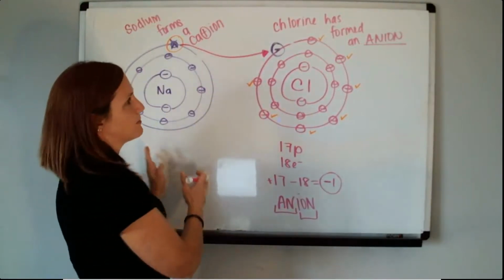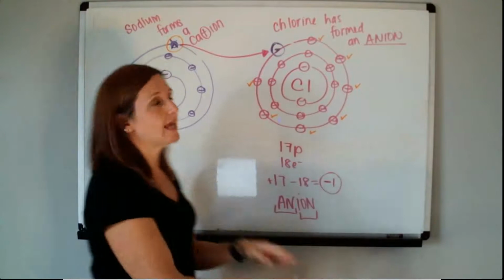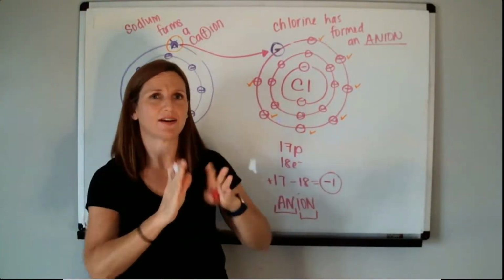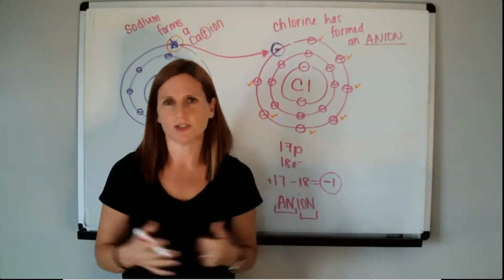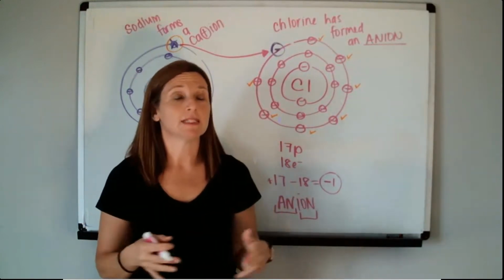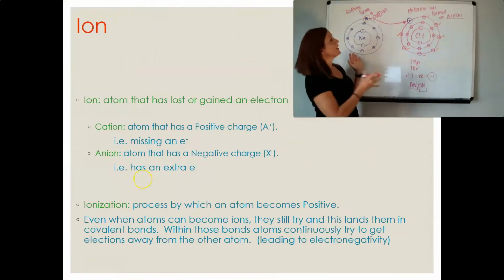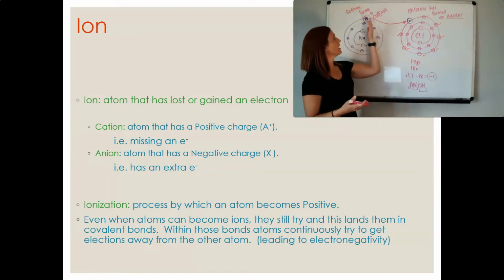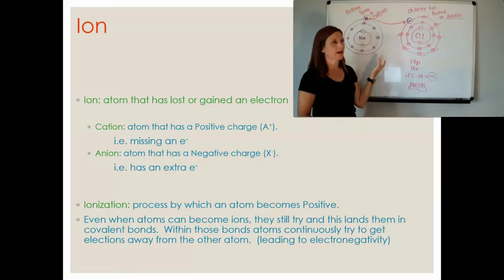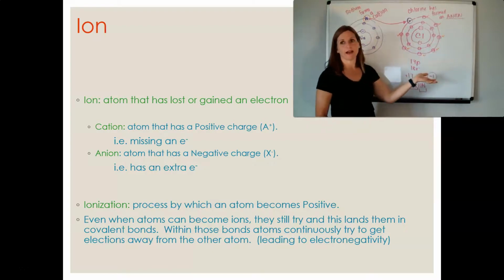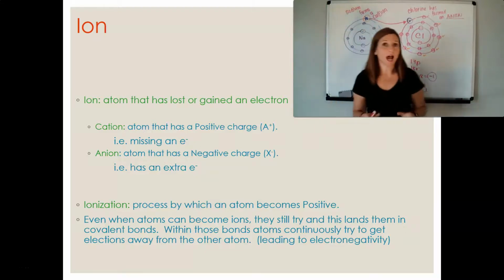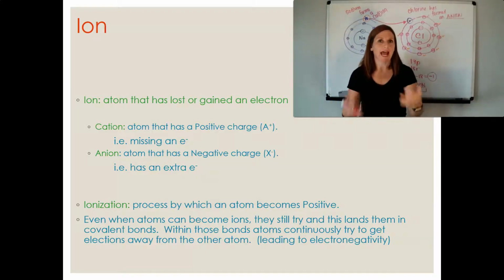Sodium becomes positive and chlorine becomes negative, and sodium is happy and chlorine is happy, and then they stick together and we call that an ionic bond, and it's great. And that happens some of the time. We call this process ionization, where sodium forms a cation and chlorine forms an anion, and then they form an ionic bond. But sometimes this can't happen.